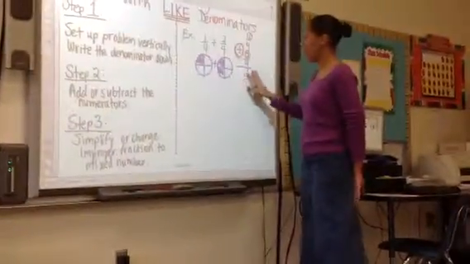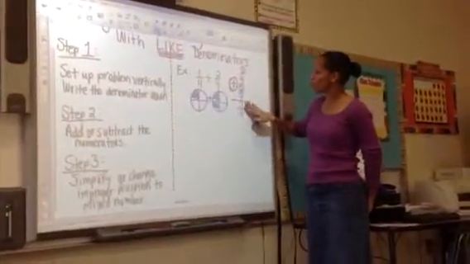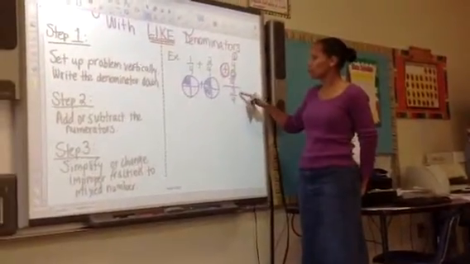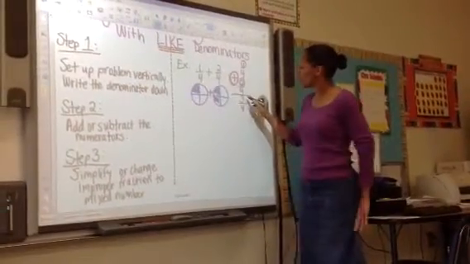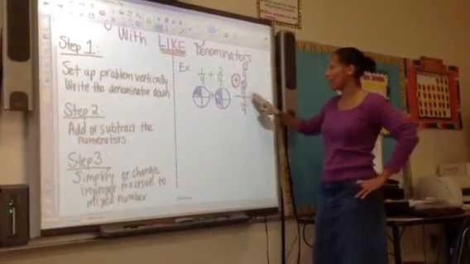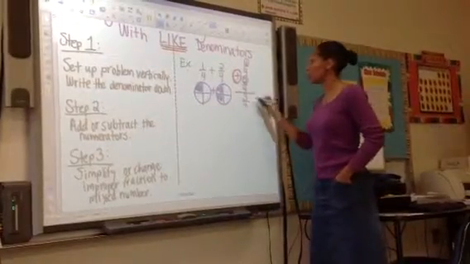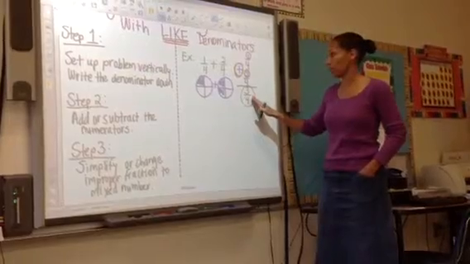So to simplify, we talked about simplifying on Wednesday, and the way that you simplify something is you look at the numerator and denominator and see if you can divide them by the greatest common factor. Do 3 and 4 have any factors that they can both be divided by? The answer is no. So luckily for us, this one is in its simplest form.